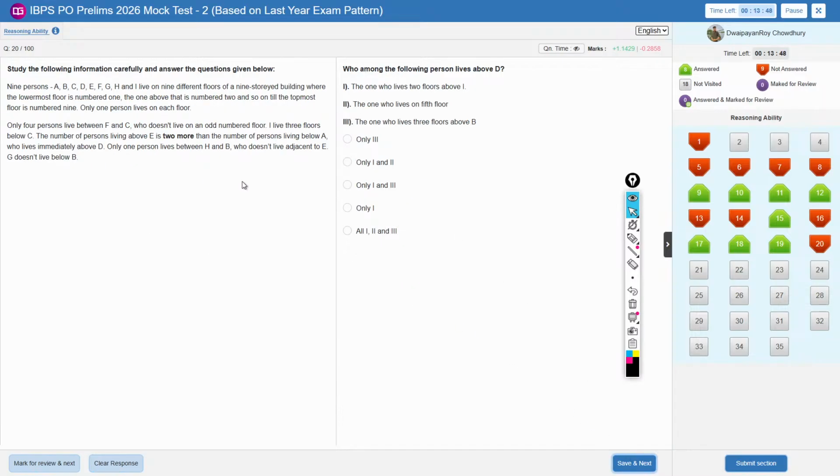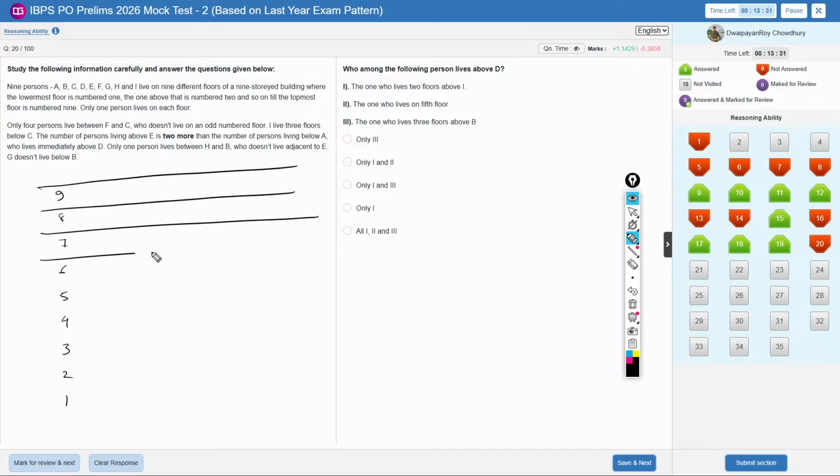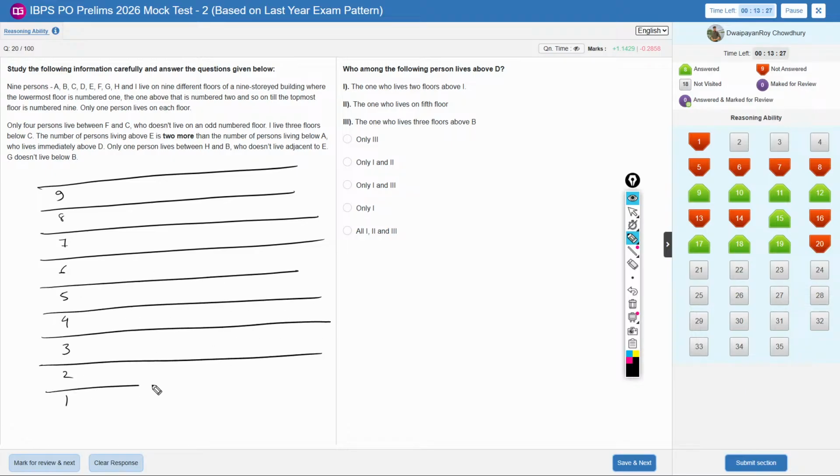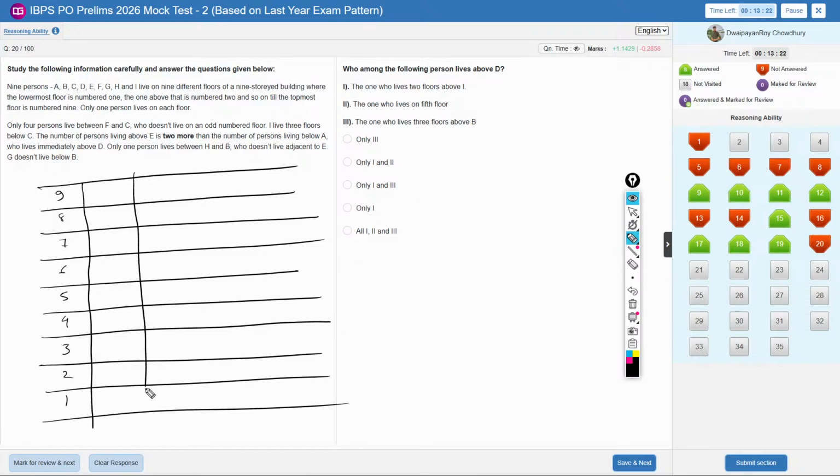Okay, 9 different floors, 9-story building, lowermost one. 9, 8, 7, 6, 5, 4, 3, 2, 1. 4% between F and C, who does not live in an odd number floor. So C even.